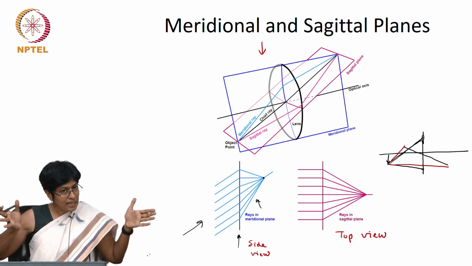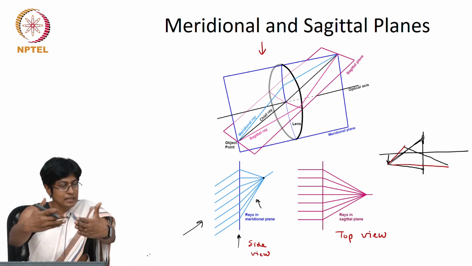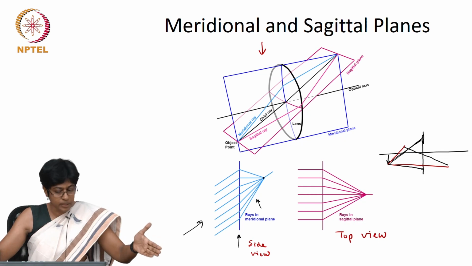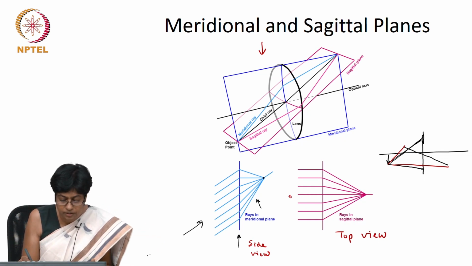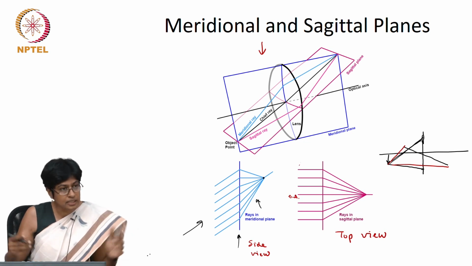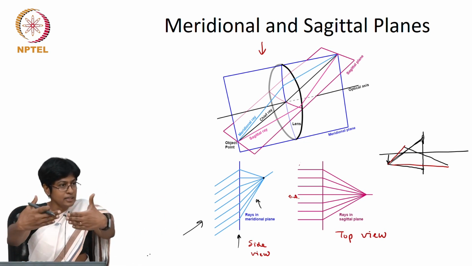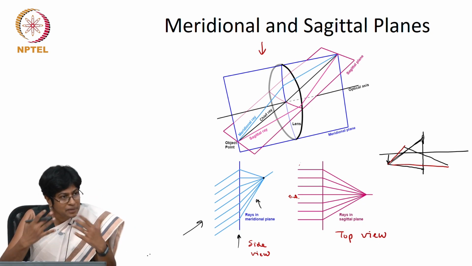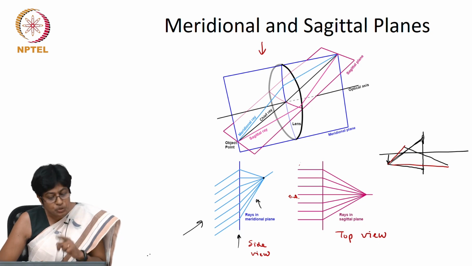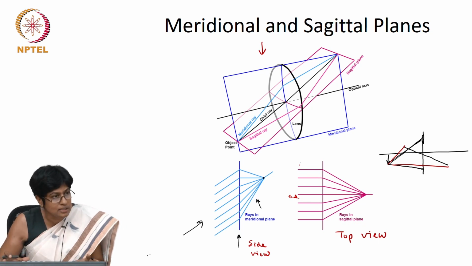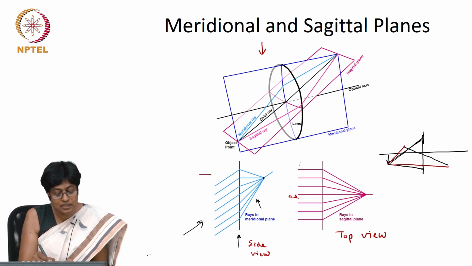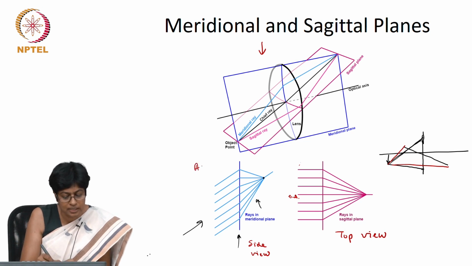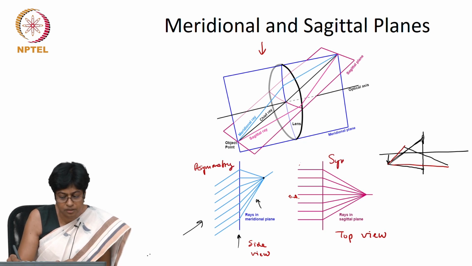They're coming and hitting the lens from the side and getting bent. They're hitting the lens at different points. This is the on-axis ray, traveling along the optical axis. These are the rays coming to the side of the lens. They're all getting bent like this. But you can see they all see the lens in a symmetric way. So it shouldn't be surprising that this could cause some aberration, because the meridional rays see the lens asymmetrically. So there's an asymmetry over here, whereas there's a symmetry over here.